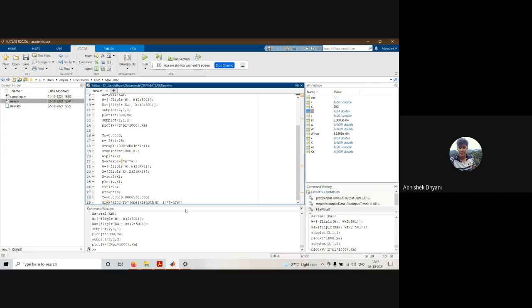I'll take its transpose because nts will be a vector. So nts is a 51 entries column vector, and I will multiply it with again a vector of ones. And let me first write it down and then I'll explain what it means.